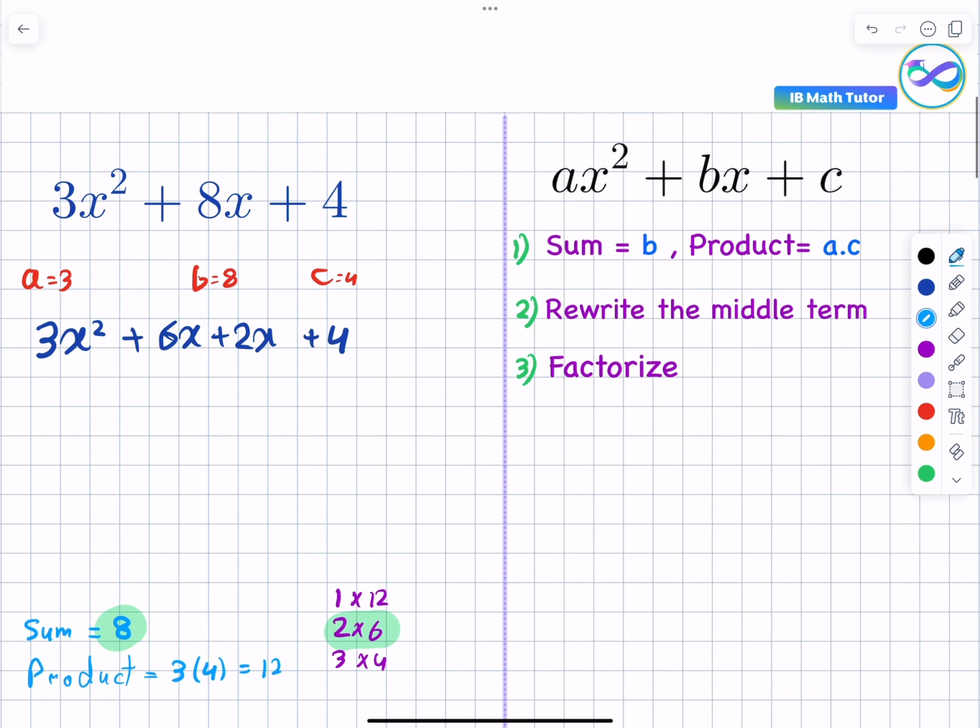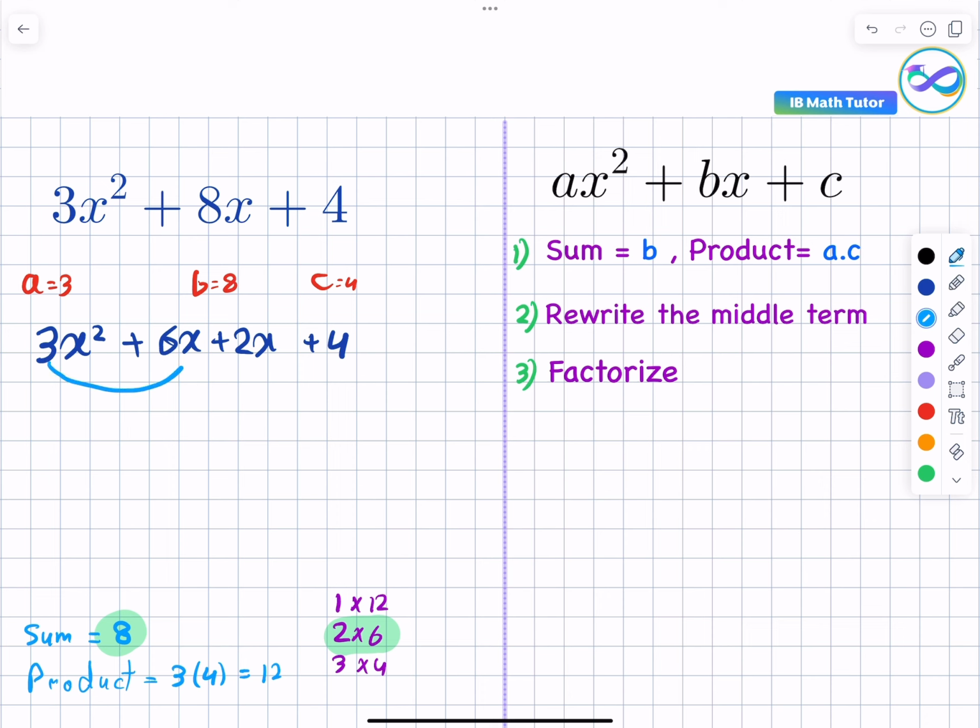So from this pair here, we can factorize 3x. So if we factorize 3x from the first one, we will have only x, because 3x times x will be 3x squared. Plus now, here 6x divided by 3x is 2, so plus 2, because 3x times 2 will be 6x.